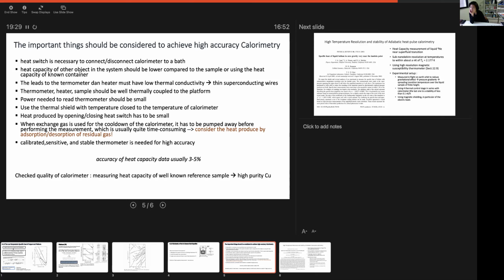Yeah, resistance shows up because electrons scatter with phonons, internal lattice defects or impurities, right? But basically, the heat is carried by the conduction electrons. Normally metal has many conduction electrons. That's why metal is a very good thermal conductor.